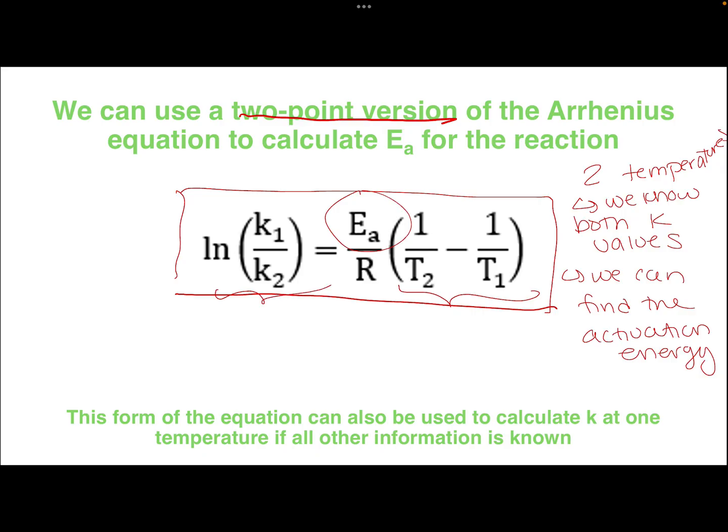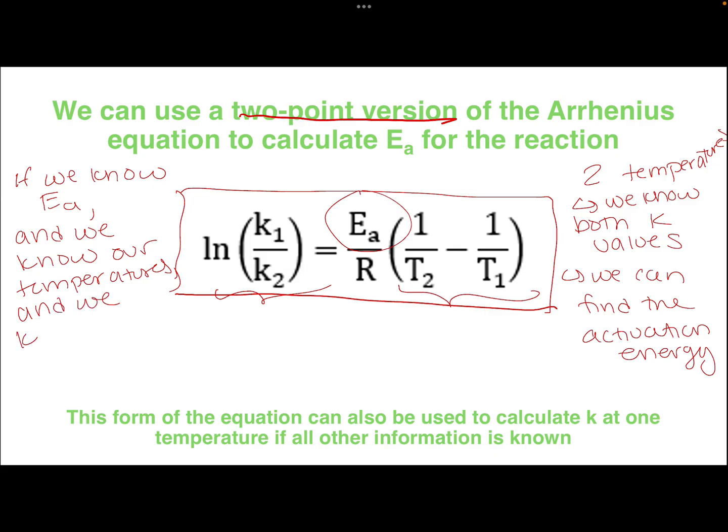Another way that we can use this equation is if we know our activation energy and we know our temperatures, and we know one of our rate constants, then we can find the other rate constant.